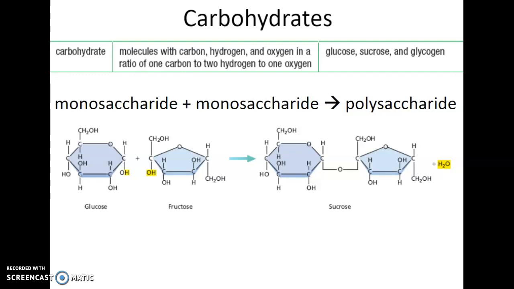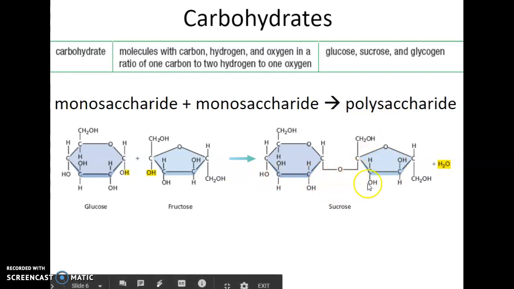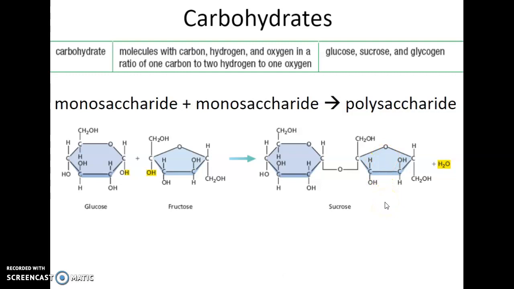We could also note here that the primary function of carbohydrates in animal cells is energy storage. You store energy in the bond between these, or within the actual ring of the monosaccharide itself. You store energy there, and then you break them down for energy later. In plants, that's also used for energy storage. Additionally, plants will use them for structure. The cell wall actually holds the plant up. So that's the function of carbohydrates and what they're used for.